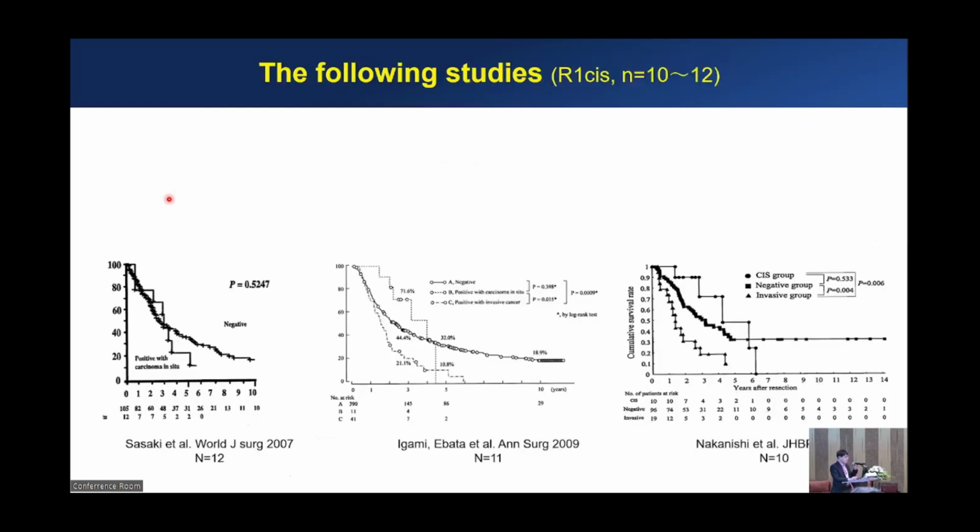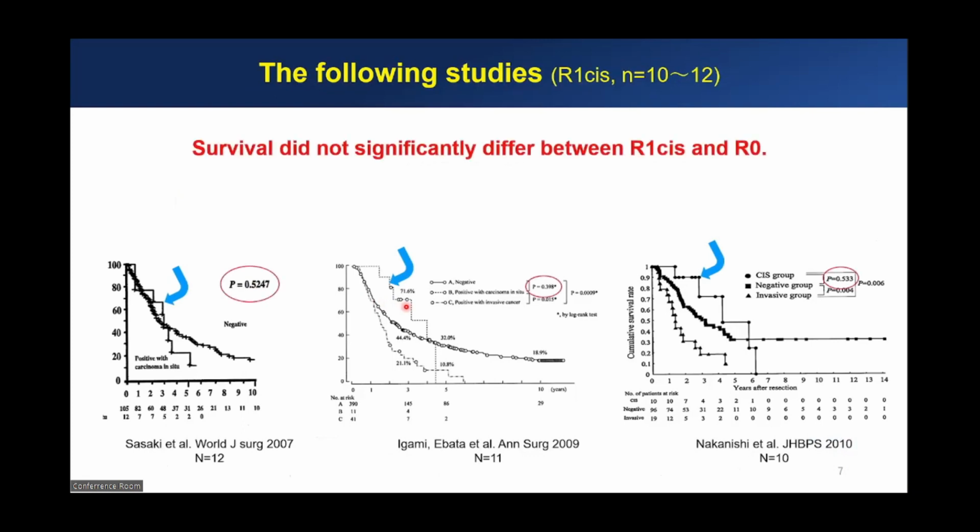The following studies, mainly from Japan, show the same observation. The blue color indicates CIS remnant survival. Survival is not significantly different between R1 CIS and R0. But we should realize that no significant difference between R1 CIS and R0 does not indicate equality.